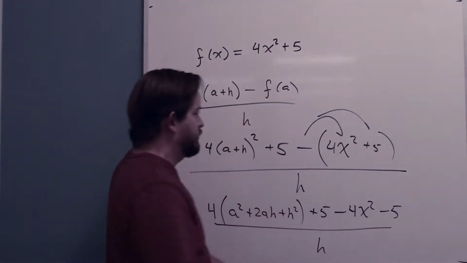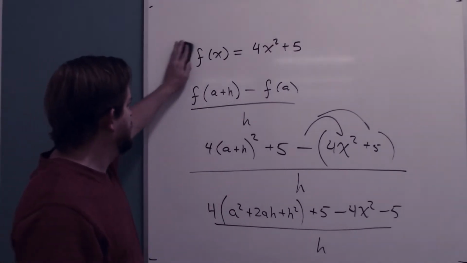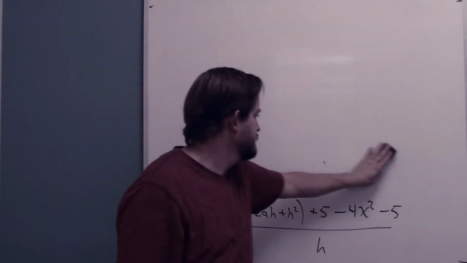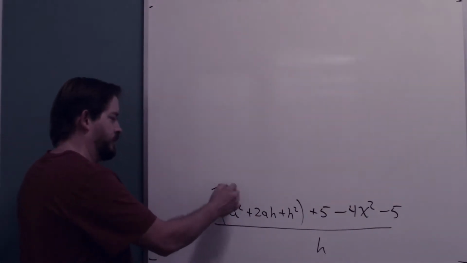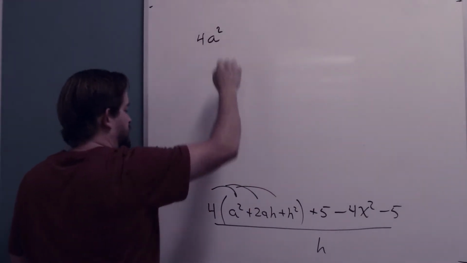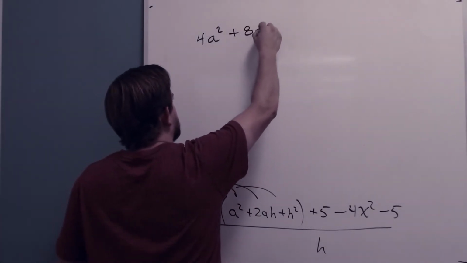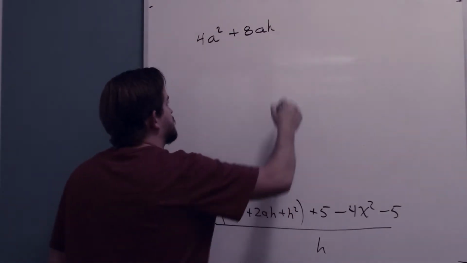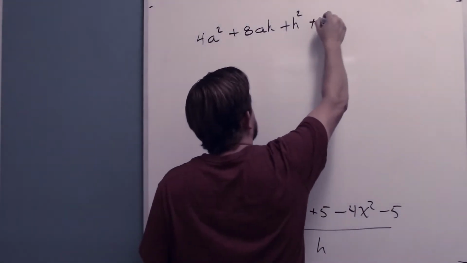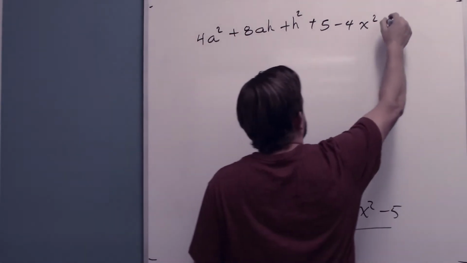I'm writing kind of big, so I'm going to go back up and take this up to the top. I'll distribute this 4 through, so that gives me 4a squared plus 8ah plus h squared plus 5 minus 4x squared and then minus 5.